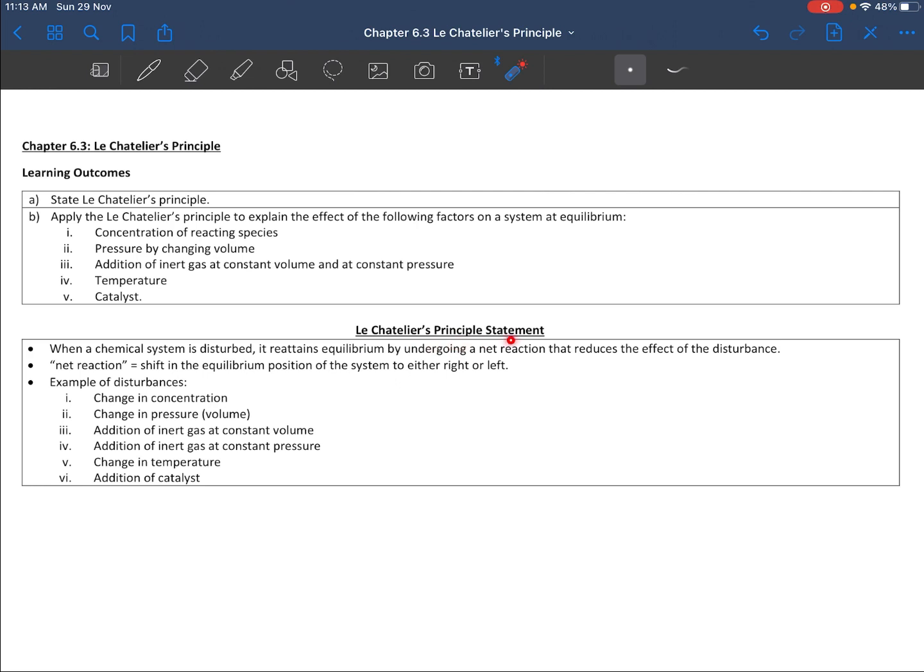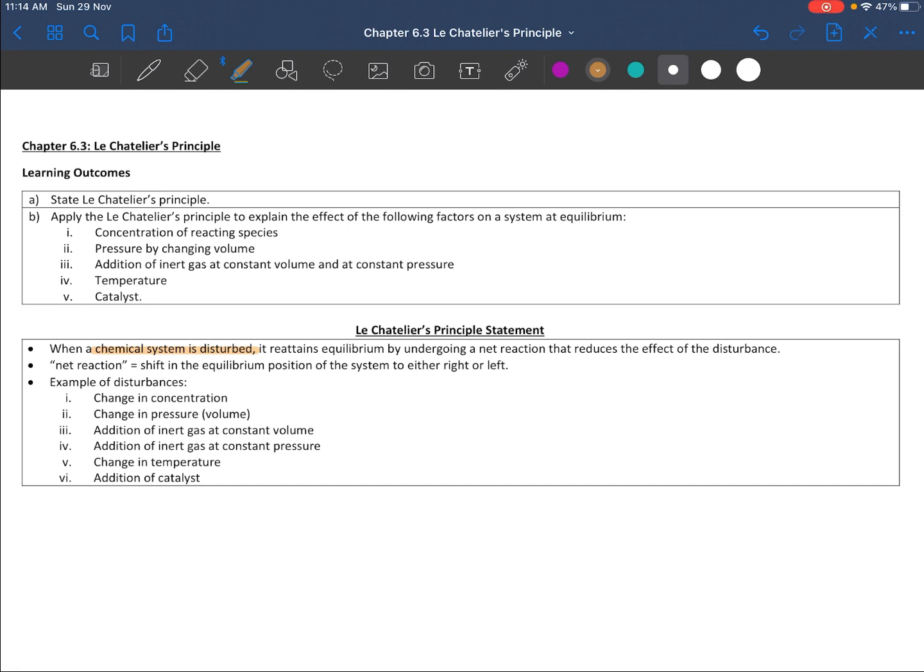Le Chatelier's Principle statement cakap, when a chemical system is disturbed, it reattains equilibrium by undergoing net reaction that reduces the effect of the disturbance. Kiranya first chemical system tu disturb, tapi actually initially the chemical system tu dah capai equilibrium.